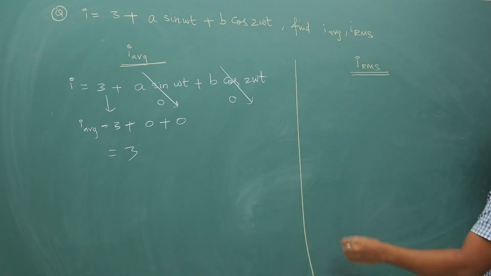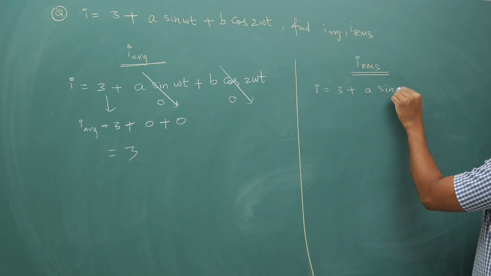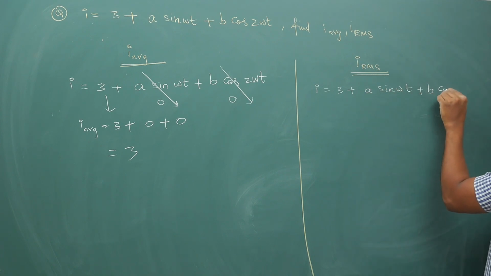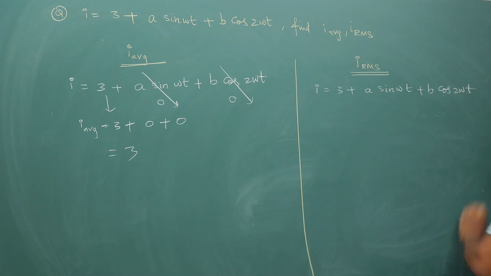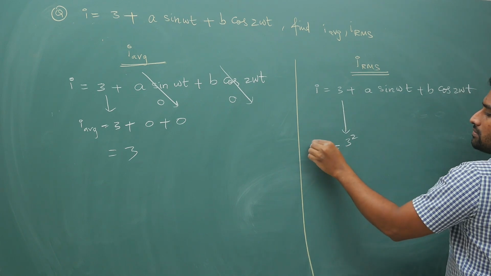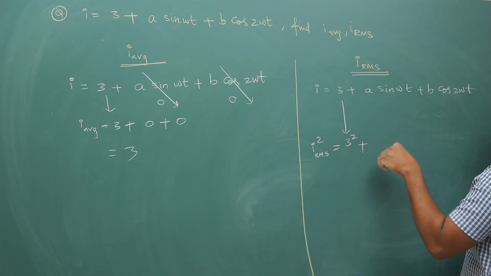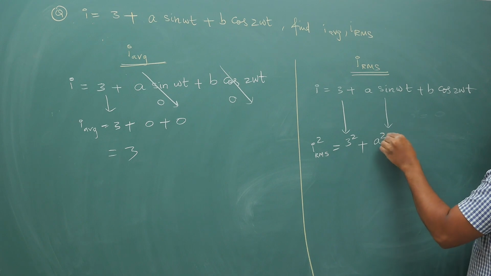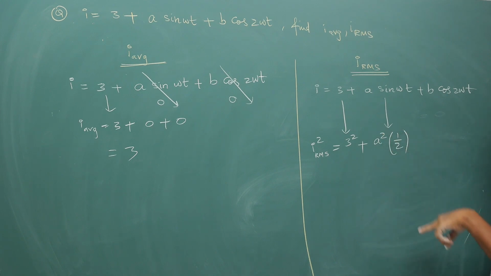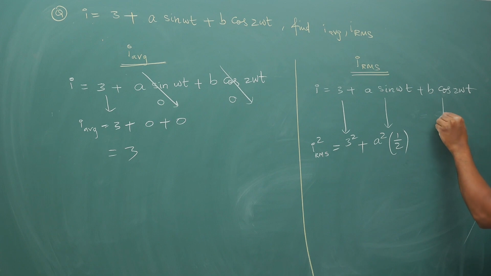And coming to IRMS square, you have I equal to 3 plus a sin omega t plus b cos 2 omega t. Now for the constant term, 3 square will come. Your IRMS square is the constant square, plus a square times the integral of the sin square term, which is 1 by 2, and the cos square term also.